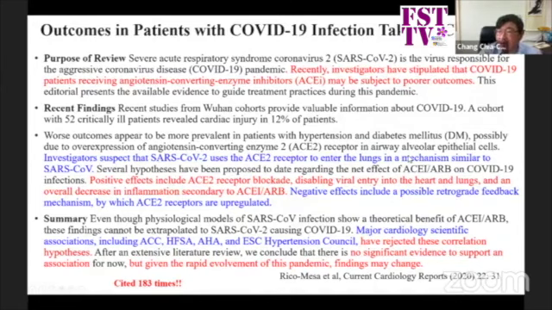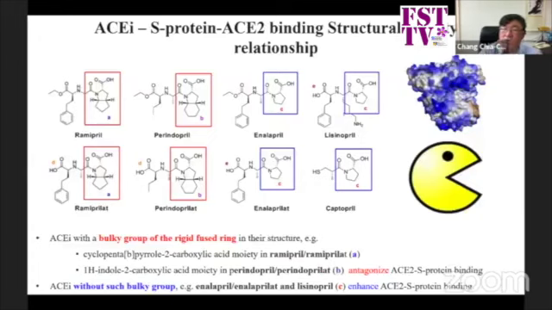But no matter what, we used molecular modeling, also collaborating with our collaborators at the University of Malaya, and we screened out eight potential leads. We found that they may have a bulky group ring at the amino terminal of ACEI.